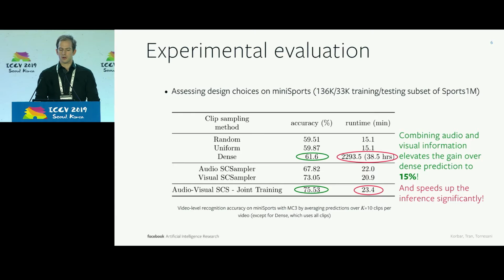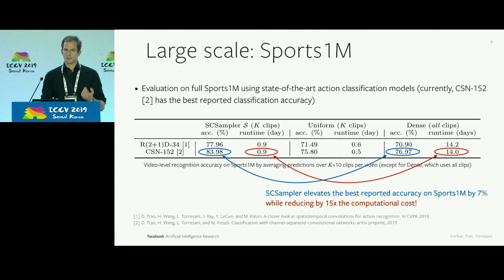We see that the audio, visual, and joint SC Sampler work significantly better and give significant improvements in accuracy over this artificial dataset with a large speedup on 32 GPUs. Furthermore, on the large-scale dataset, we see about 7% improvement over what is already a state-of-the-art method, and reduce the cost by 15 times without retraining the model whatsoever.